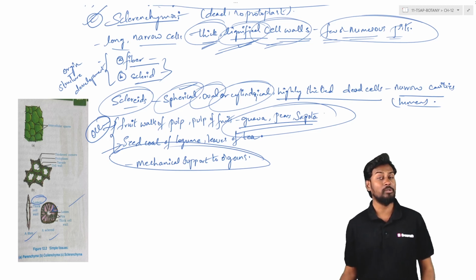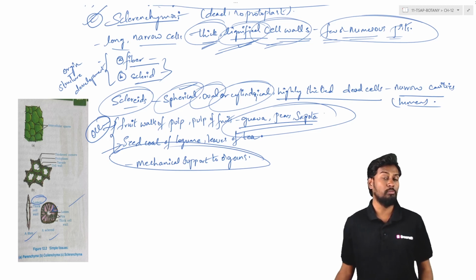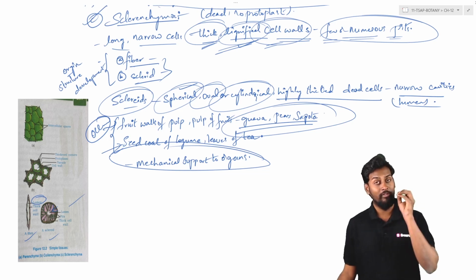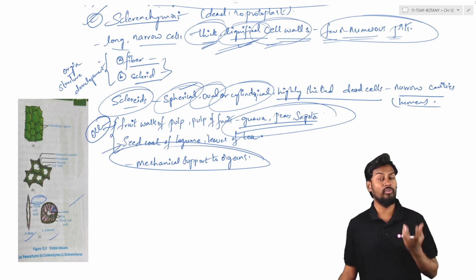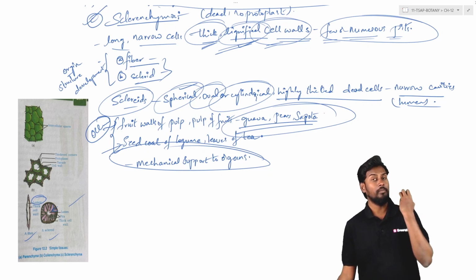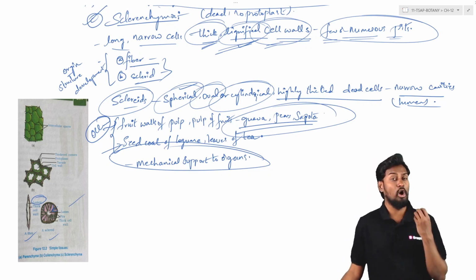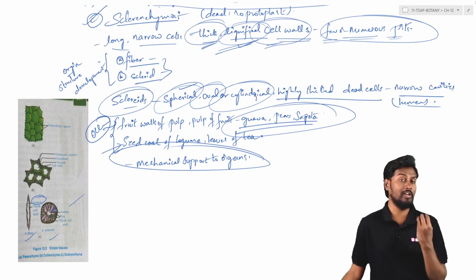So this is about the permanent tissue and also the simple tissue, which are two different types in case of plant tissue. The plant tissue is where we are discussing the entire pattern of the plant, how the entire plant is made up of different kinds of tissue.